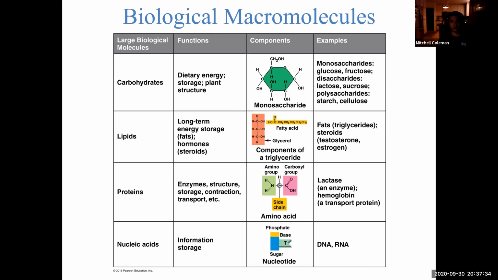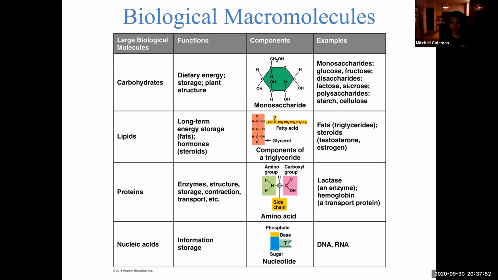Arguably one of the more important monosaccharides is glucose, which forms long chains called starch, very important for short-term energy storage.